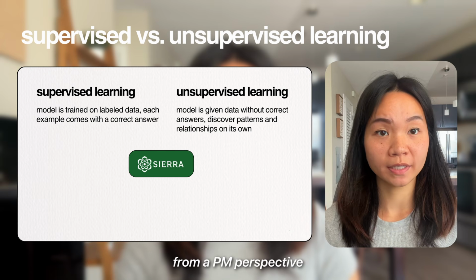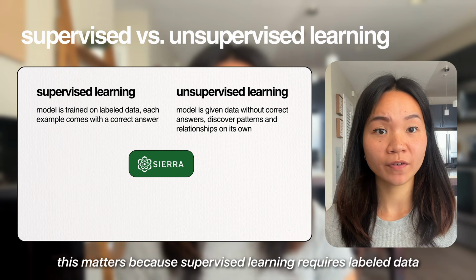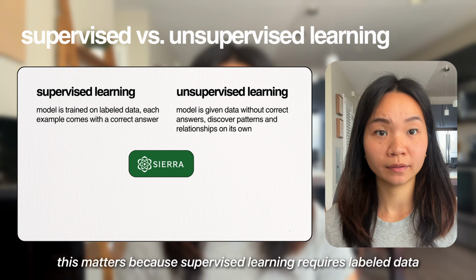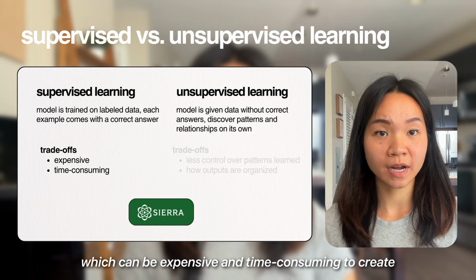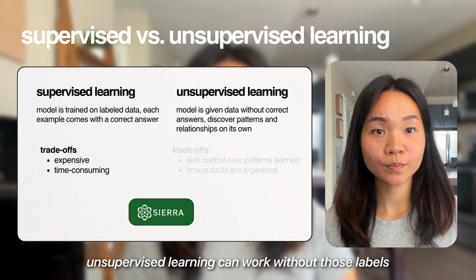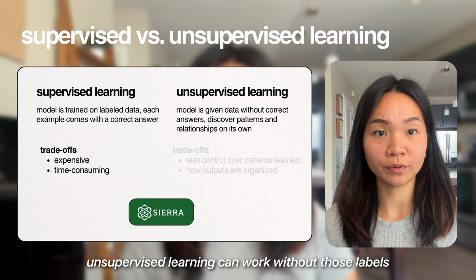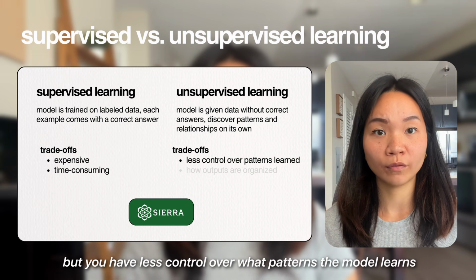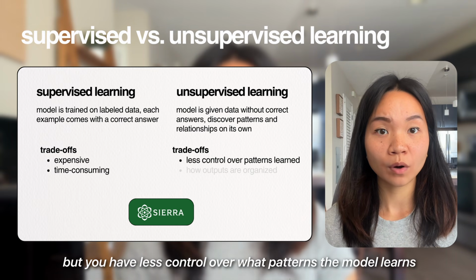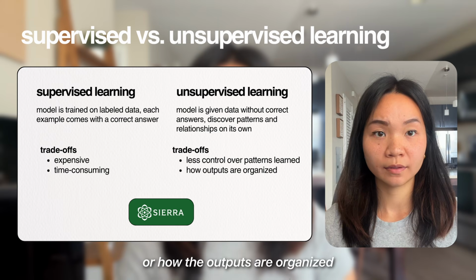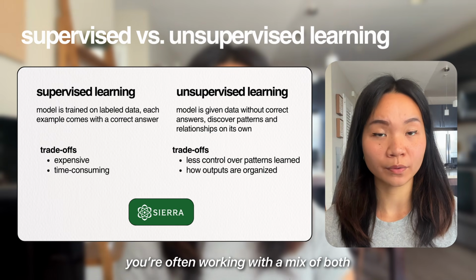From a PM perspective, this matters because supervised learning requires labeled data, which can be expensive and time-consuming to create. Unsupervised learning can work without those labels, but you have less control over what patterns the model learns or how the outputs are organized. And in most modern AI products, you're often working with a mix of both.